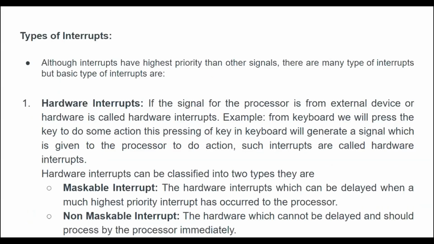A hardware interrupt is when the signal for the processor comes from an external device or hardware. For example, from the keyboard, we press a key to do some action. Pressing a key on the keyboard generates a signal which is given to the processor to do the action. Such interrupts are called hardware interrupts.